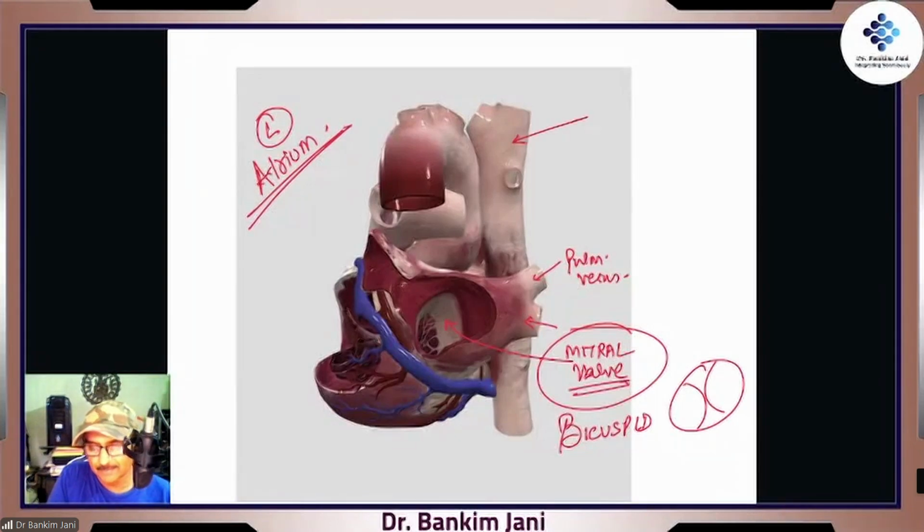What is this? Just to check whether you are properly oriented or not. What is this? Quickly, tell me fast. Answer, yaar. What is this? Yes, so 3 or 4 answers come.